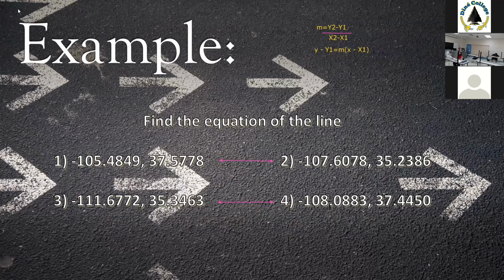So in the corner of the screen, I put the formula for the slope and the point slope to find your equation of the line.